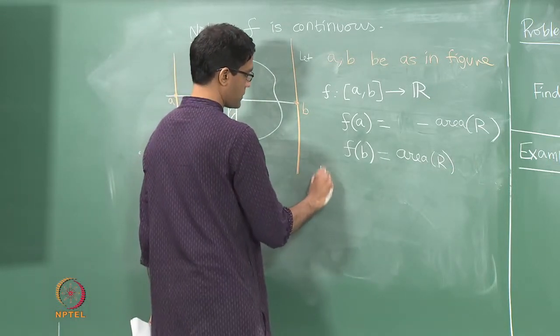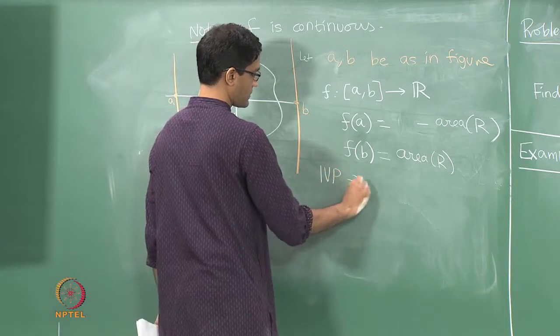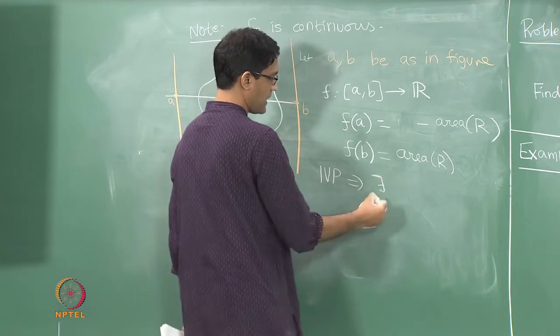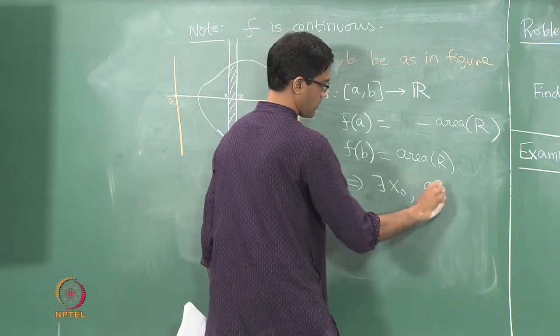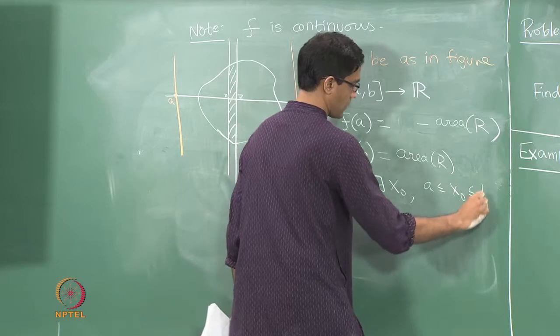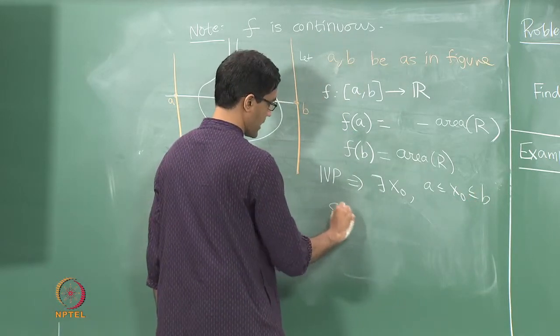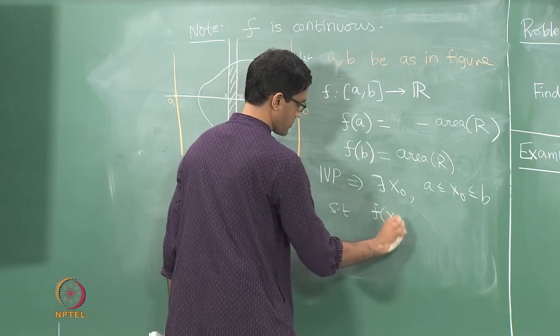So what does this mean? By the intermediate value property, there must be some value between a and b. There exists a value x naught between a and b such that f at x naught is 0.